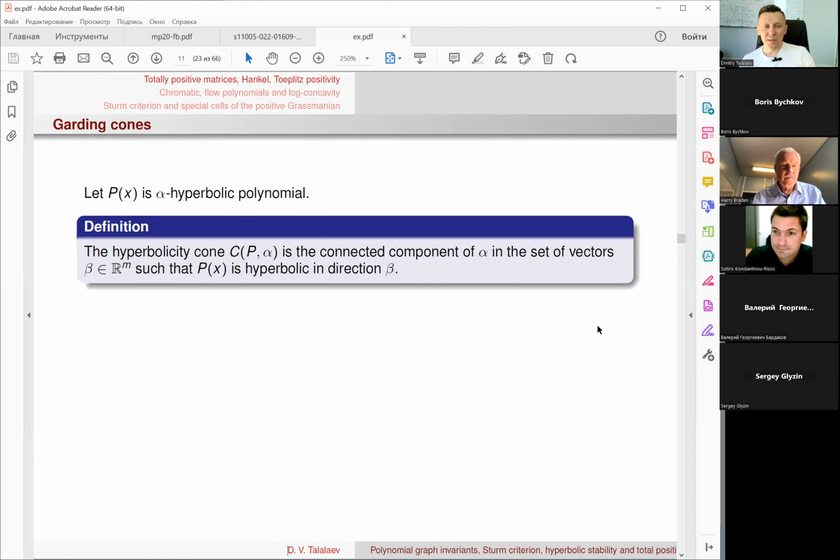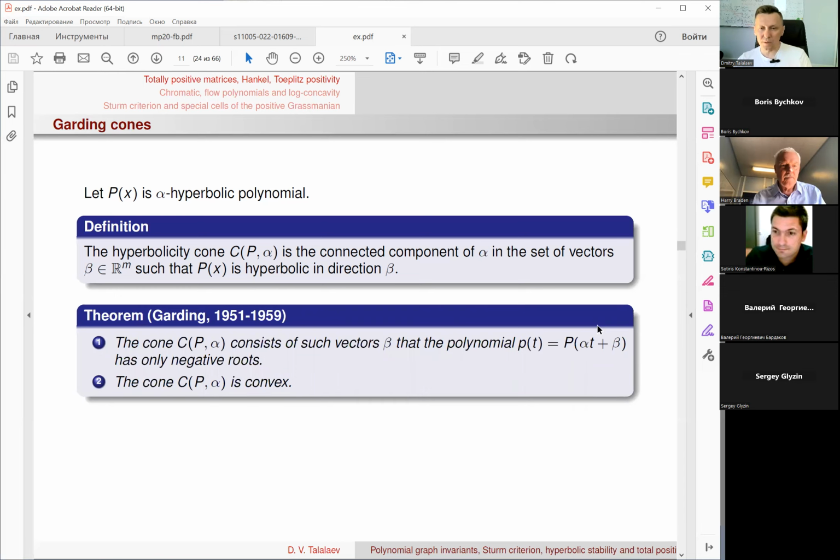The hyperbolicity cone C_P(alpha) is the connected component containing alpha in the set of vectors beta from the same m-dimensional real space such that P of X is hyperbolic in direction beta. So alpha is an element of this connected component, and we can deform the vector alpha, which still gives a hyperbolic direction for the polynomial P.